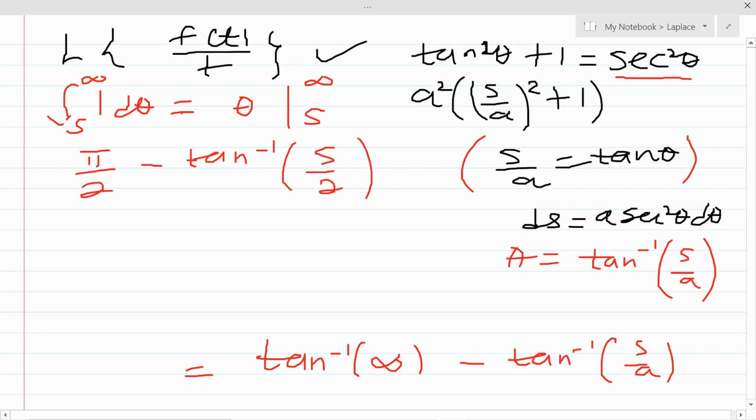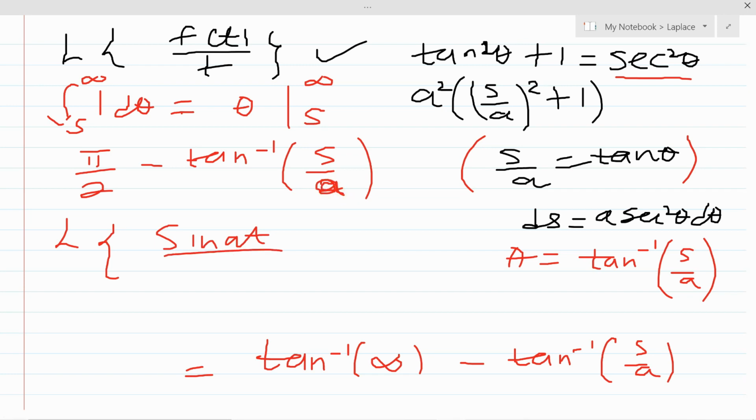So the Laplace of sine at over t is actually this answer: pi on 2 minus tan inverse of s over a.